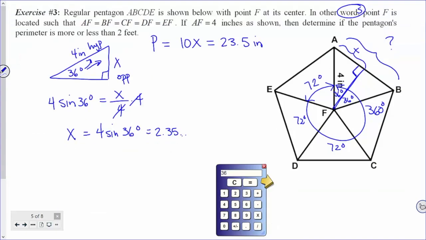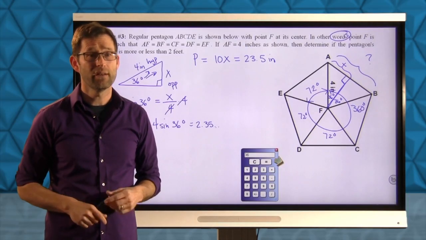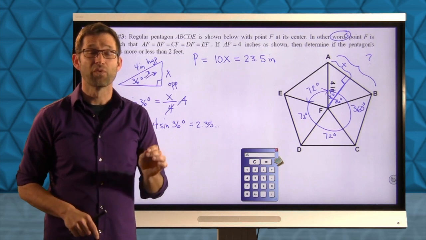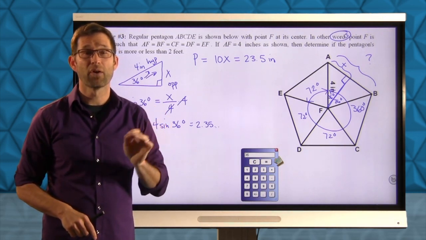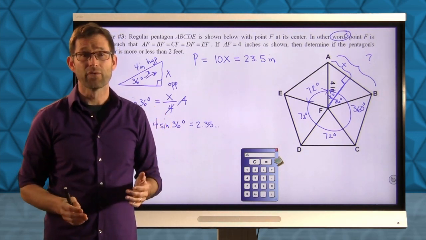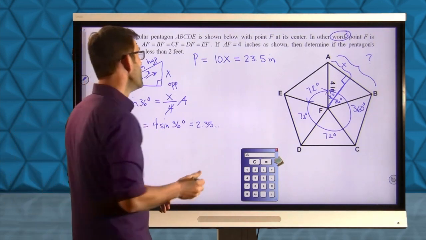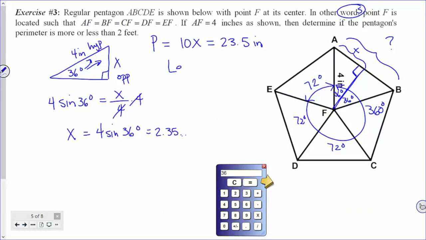Is the perimeter more or less than 2 feet? Well, 12 inches per foot, so 2 feet is 24 inches. So this is just barely less. Quite frankly, rounded to the nearest inch, it is exactly 2 feet, but the answer is it's less than 2 feet.